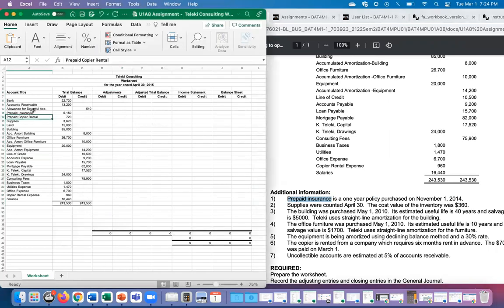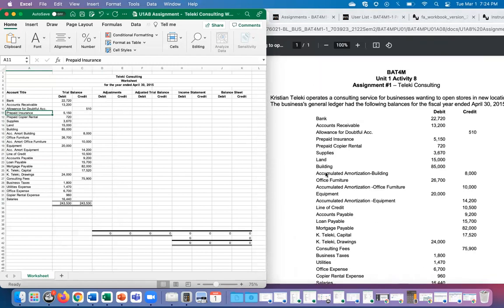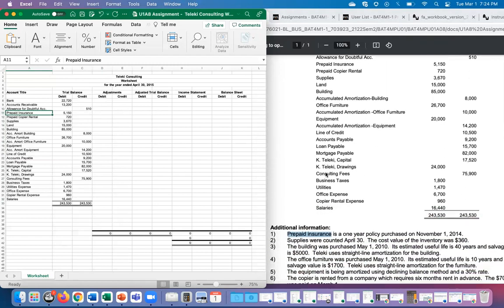If we look over here on our worksheet, we see the prepaid insurance account right there, and it's got a balance of $5,150 in it. So we paid $5,150 for insurance up front way back on November 1st, 2014. And remember that it is now April 30th, 2015.